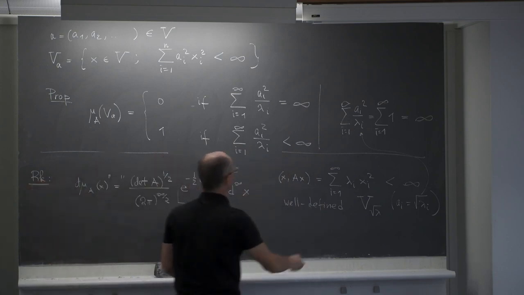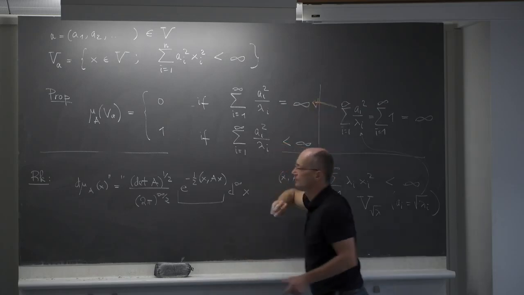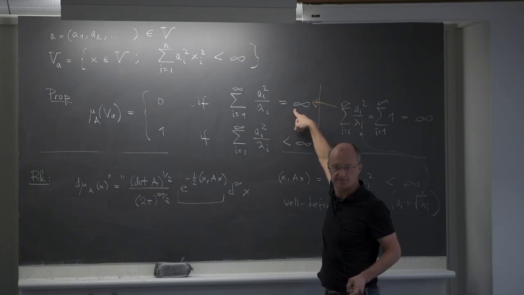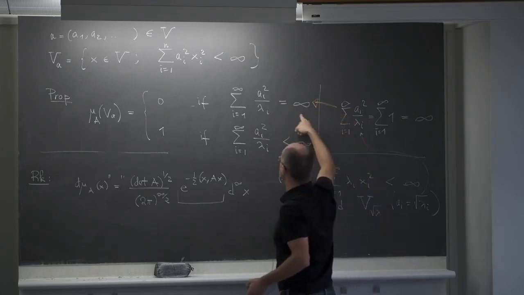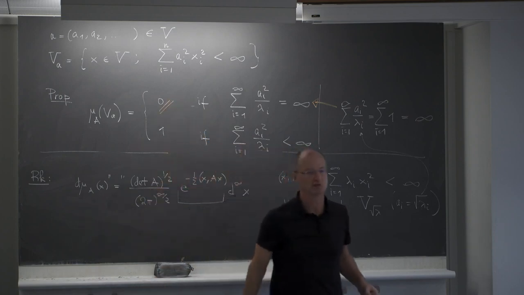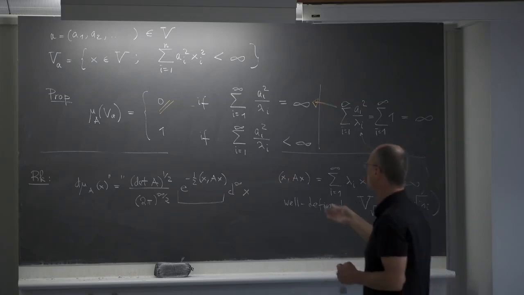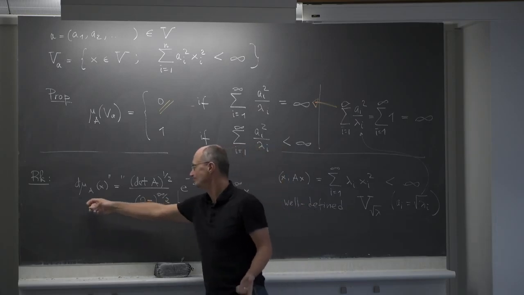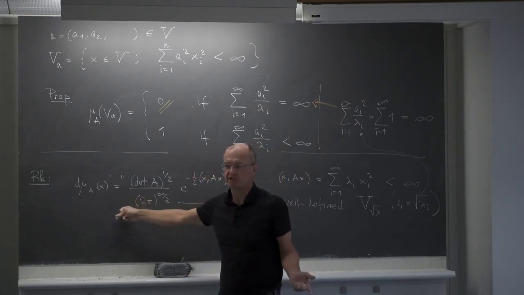And so this means that we are falling into this case, and this case corresponds to the measure equal to 0. So you see that's a kind of interesting thing. Of course, nothing really happens because the formula doesn't make sense anyway.